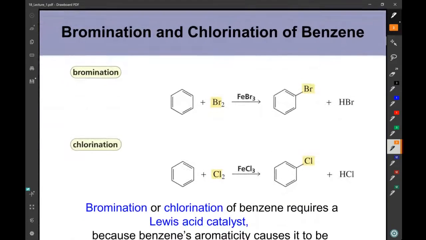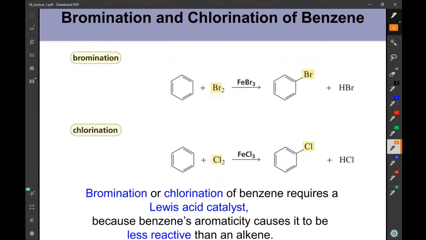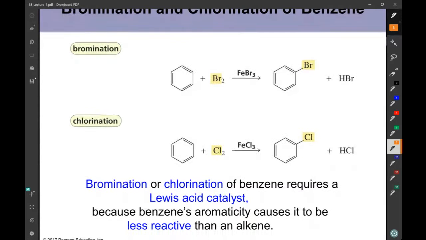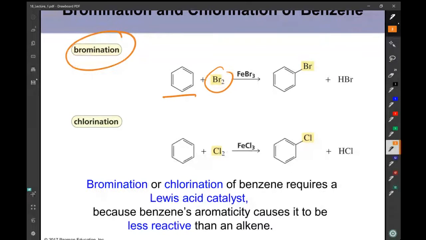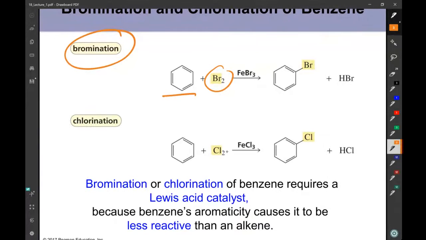Now, the first reaction that we'll be studying today will be the bromination and chlorination of benzene. So for the bromination of benzene, you react bromine and the benzene ring in the presence of iron bromide. This is iron bromide.